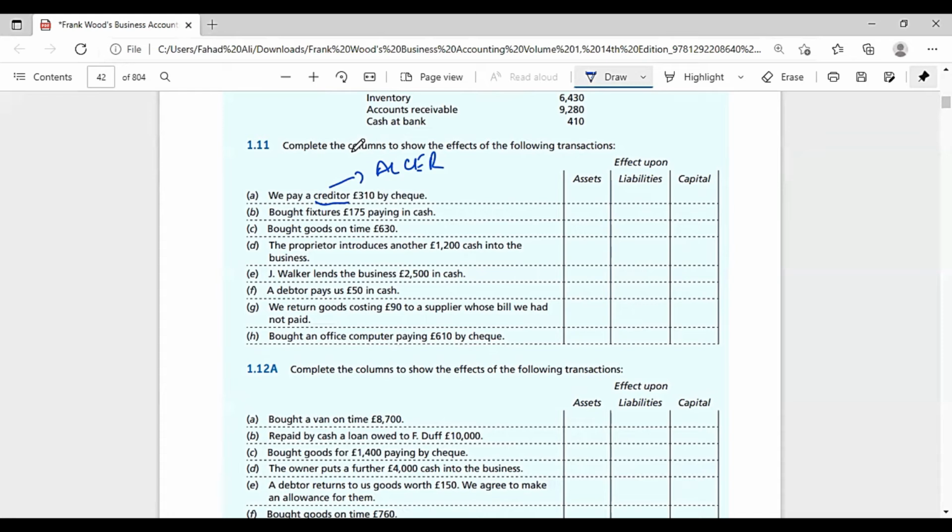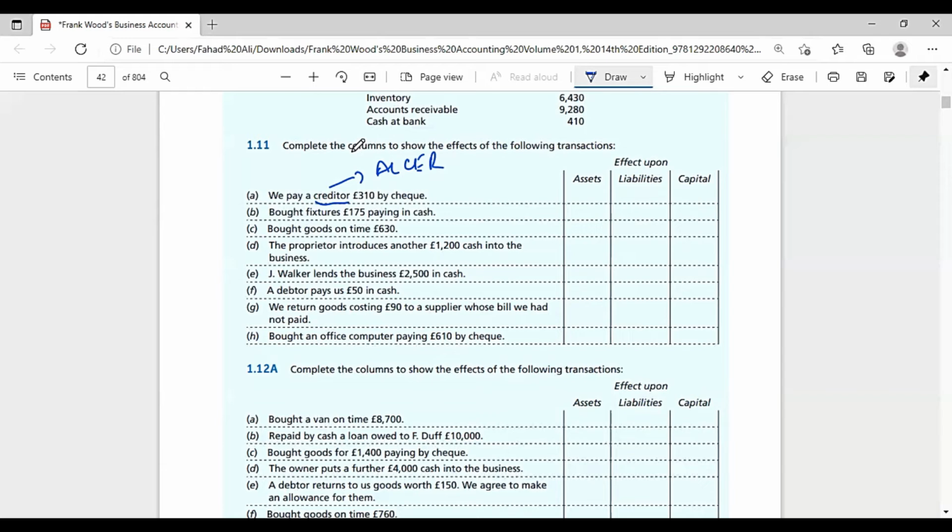So if I talk about creditors, if we do not pay creditors on time, it means we have a liability. We created the liability by purchasing from creditors on credit. Do you agree with this? Yes. Okay. So once we have created the liability by not paying them on time, when we pay, what will happen?